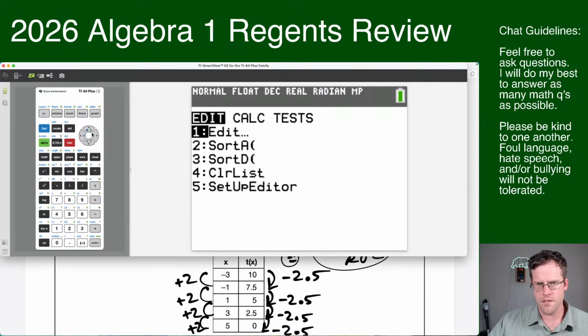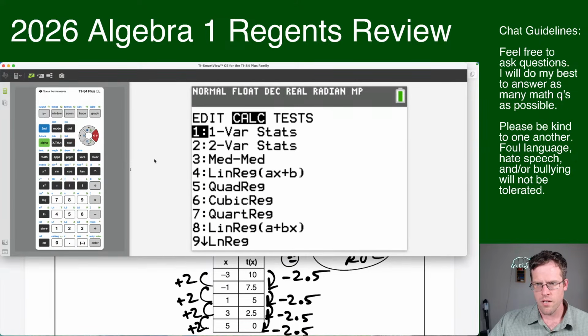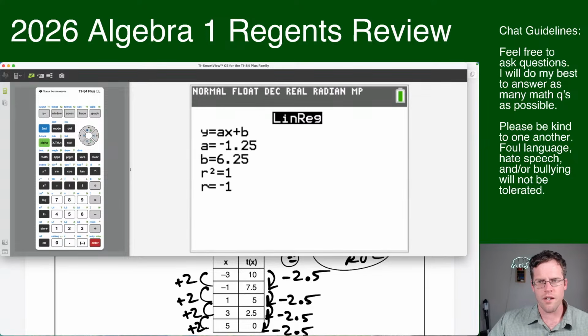Okay, I'm going to hit mode, and I'm going to turn stat diagnostic on so I can find the correlation coefficient. So then calculate linear regression, number 4. See, r equals -1, which means it's a perfect linear fit.